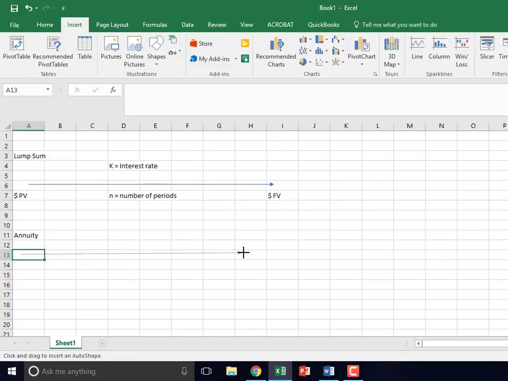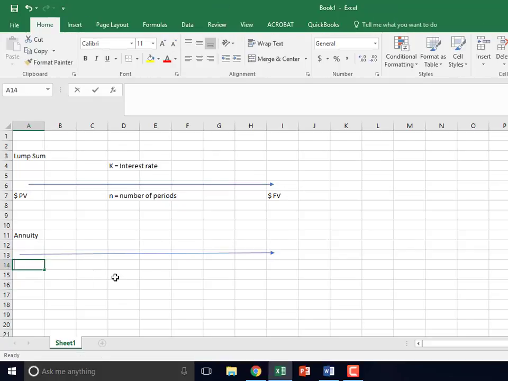I have my timeline. I still have a present value. I still have a future value. I still have K, my interest rate, and I still have N, the number of periods in this timeline.